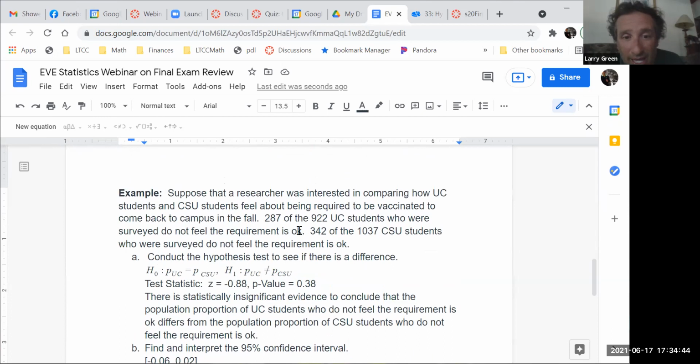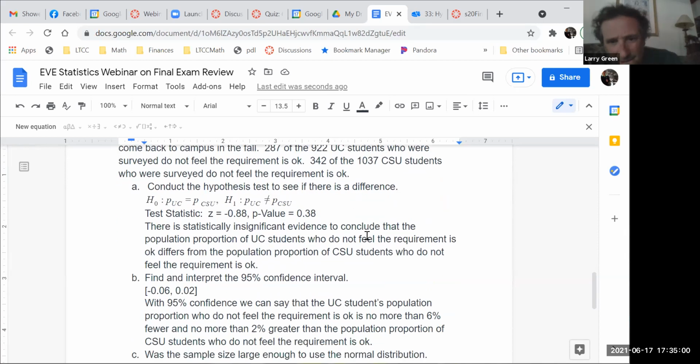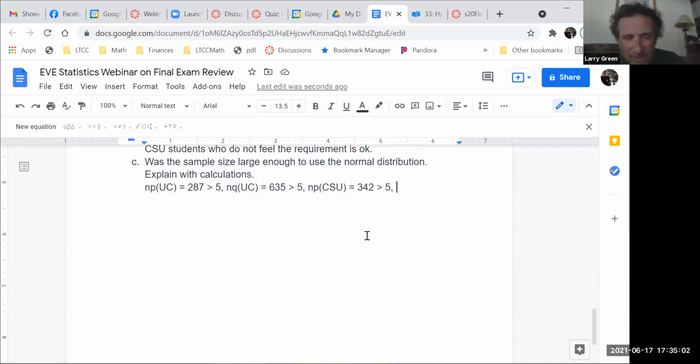Okay, and then for the last one, you take the 1037 minus 342, and that is 695. So that was NQ for the CSU, equal to 695, greater than 5.